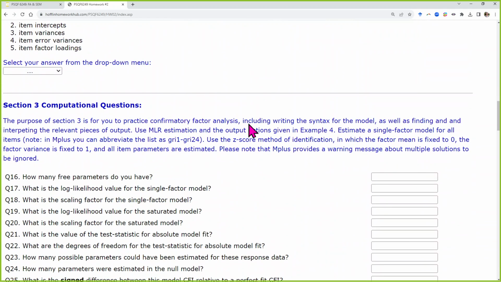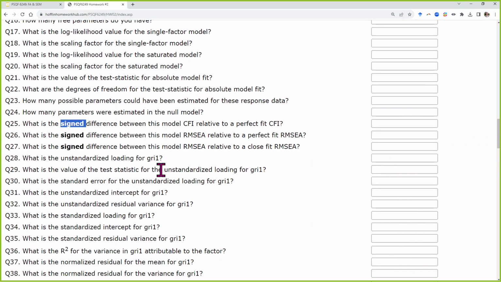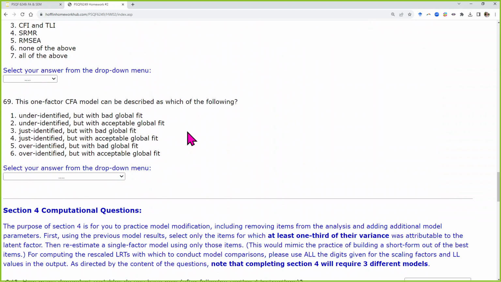All right. Then section 3, note the bold face here for signed difference. So I'm looking for you to recognize when your fit statistics are lower than they should be versus higher than they should be. That's what I mean by signed. And let's see.